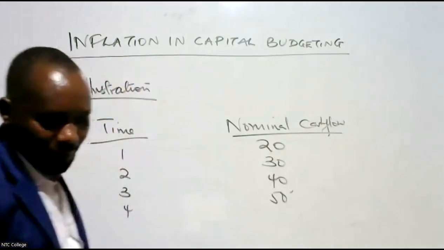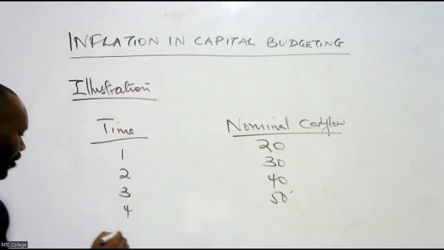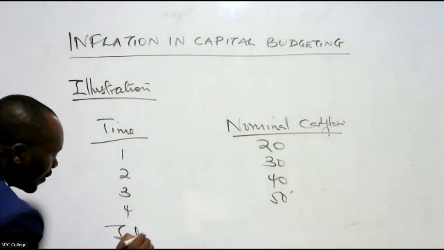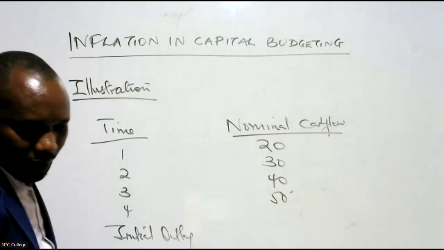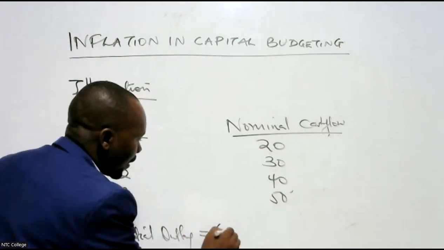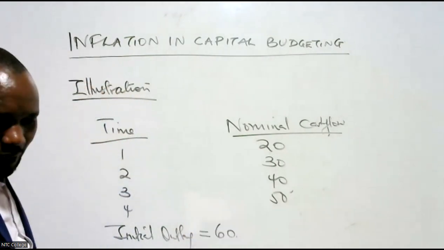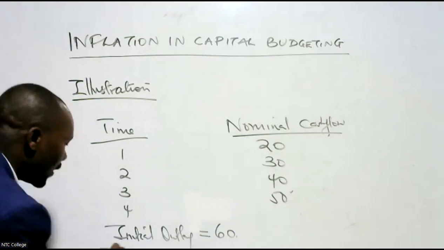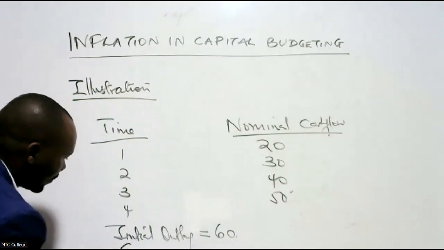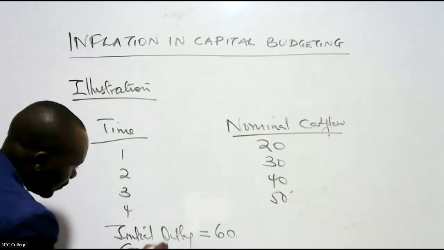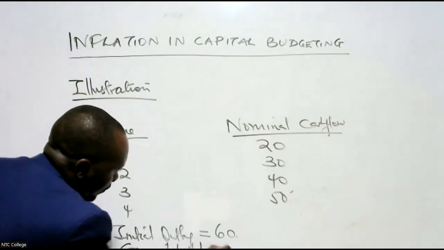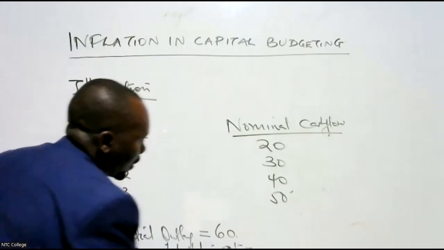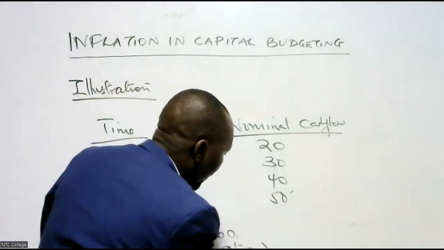So they're like that. Then you're told that the initial outlay on an investment is 60. Then we have general inflation rate is 5%.